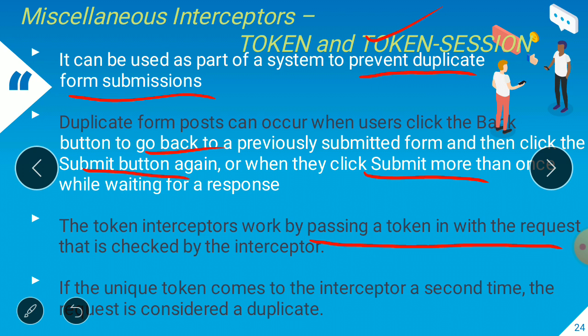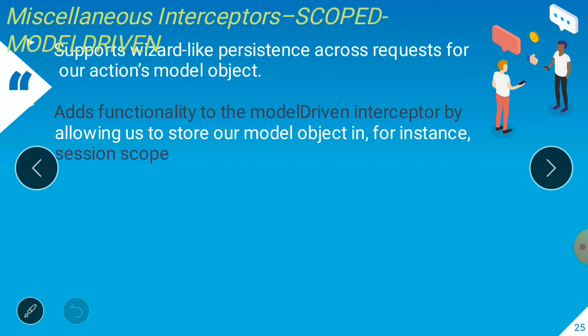When the same token comes again a second time, it finds that it is a duplicate. The user might have clicked the submit button 2 or more times, or he may go back and come back and then click the submit button again. So the interceptor identifies that some problem has happened. So duplication of submission we can avoid using this interceptor.